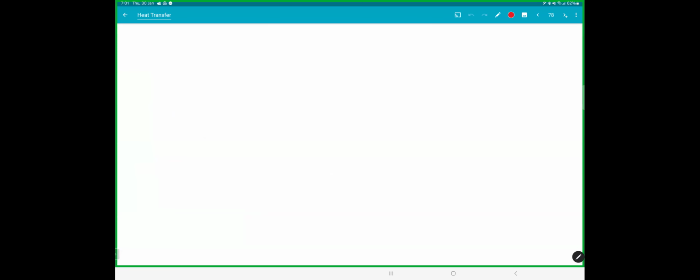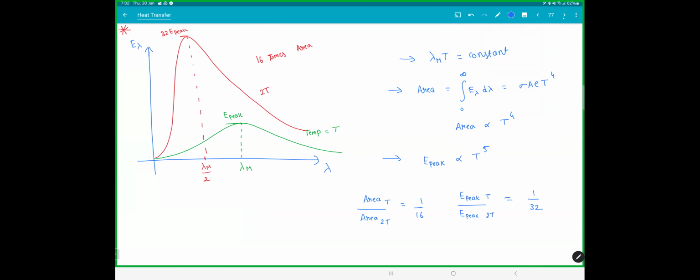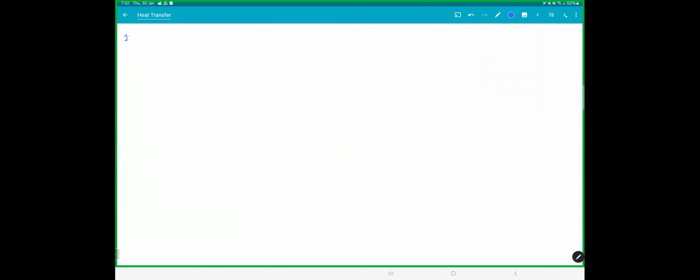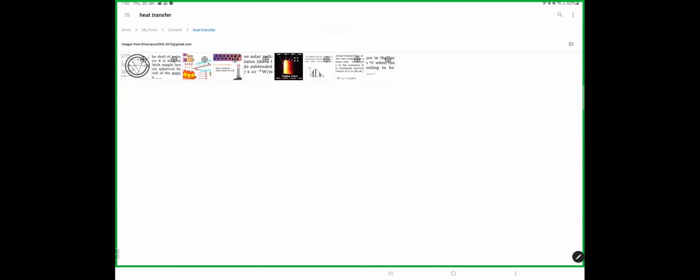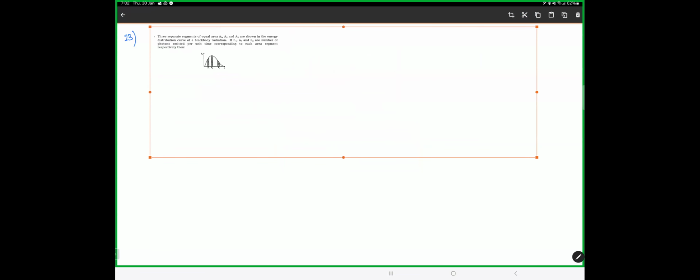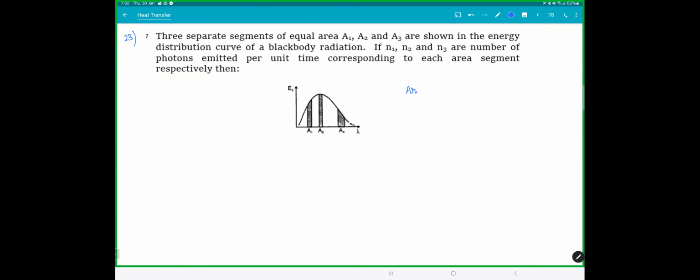Let's see a question on this. So we have an E lambda versus lambda graph, and there are three equal areas, A1, A2, A3 given.